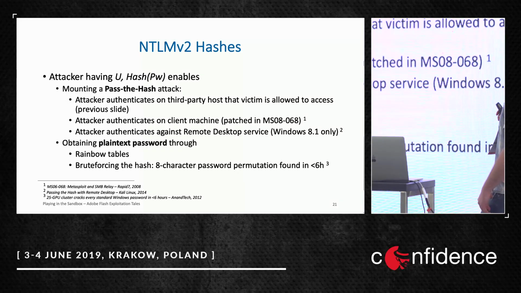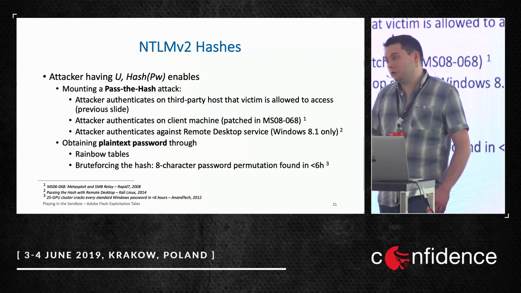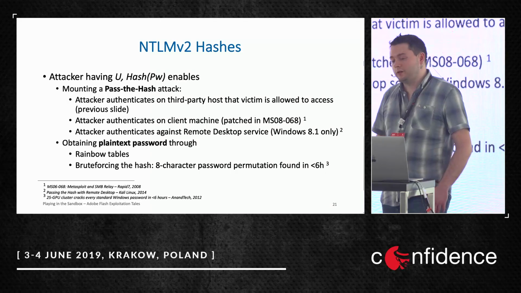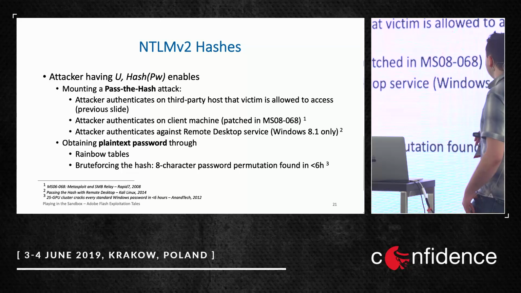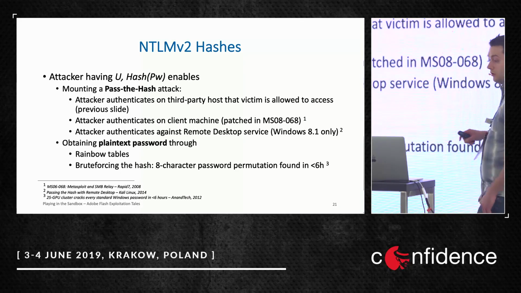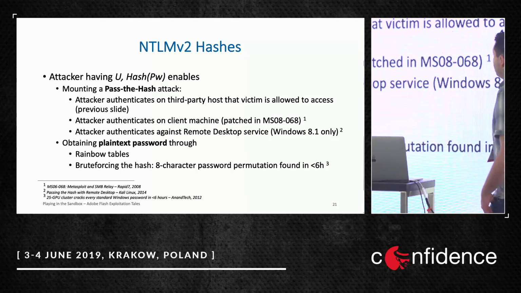And the third option is that the attacker tries to authenticate against the remote desktop service, which interestingly does not work on Windows 10 because it got patched, but it never got patched on Windows 8.1 and Windows Server 2016, if I'm correct here.